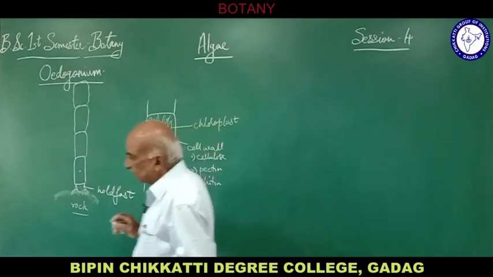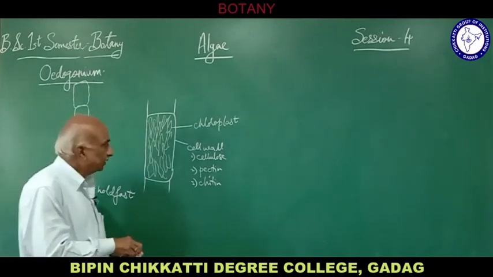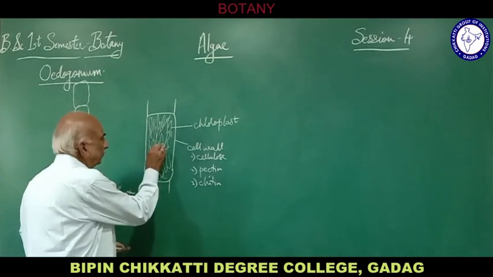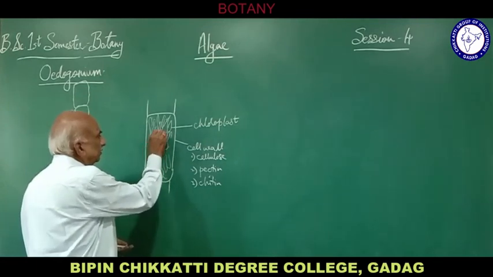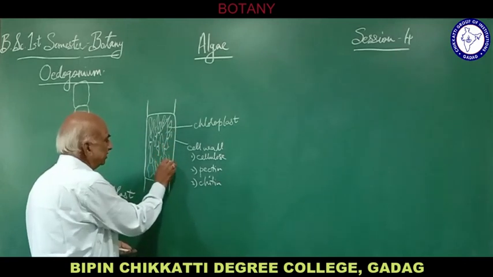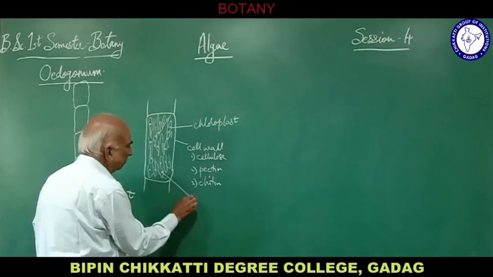That is the nature of the chloroplast. Then if you come to the other parts of the chloroplast, in the chloroplast you will find some proteinaceous bodies. So these proteinaceous bodies are called pyrenoids.